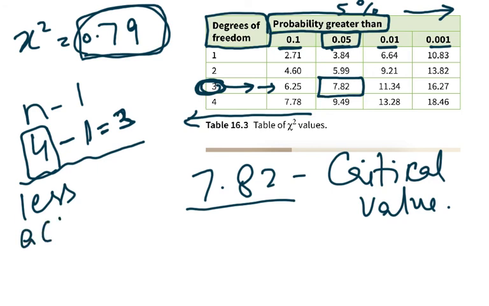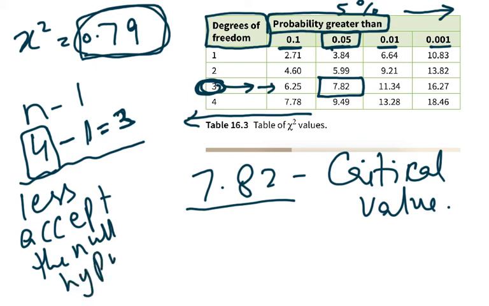So you accept the null hypothesis. But if your value had been more, say it was 16.50, now it would be somewhere here. So of course then we are realizing that it will go towards the right side. So if it is to the right side, then you reject the null hypothesis.